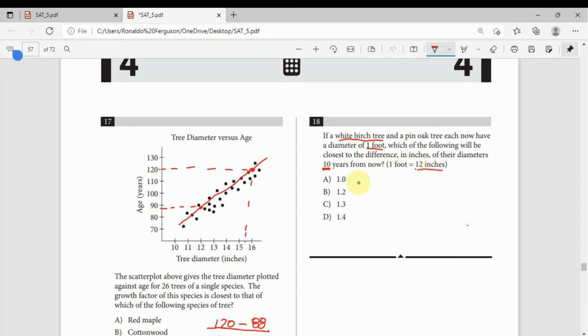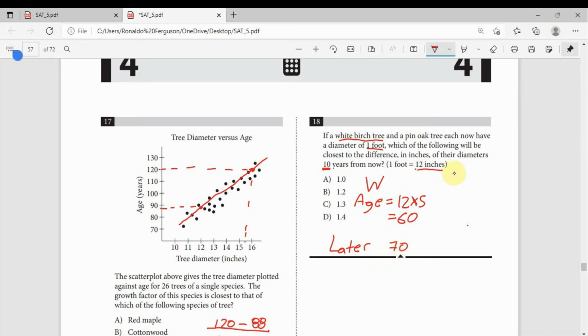So for the white birch tree, W, the age is now 12 times 5, which is 60. That's its current age. So 10 years later, the age is going to be 70.